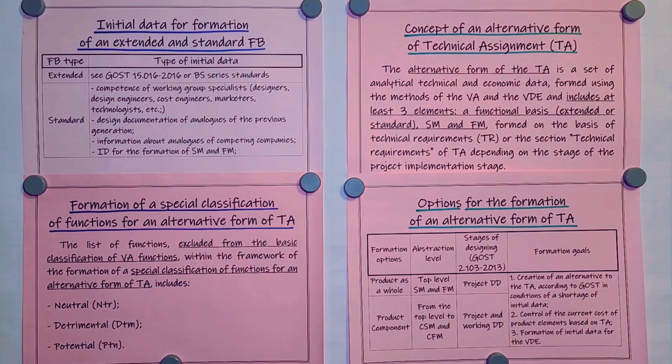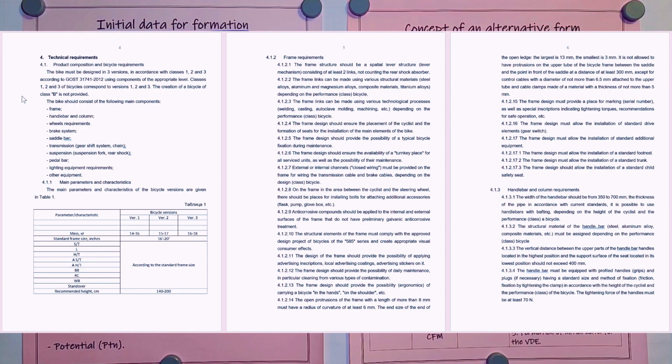As we mentioned above, in the case of the technical assignment for the bicycle, the number of blocks of the section technical requirements is 11. Accordingly, a similar number of blocks of the section technical assignment is included in the extended functional basis.